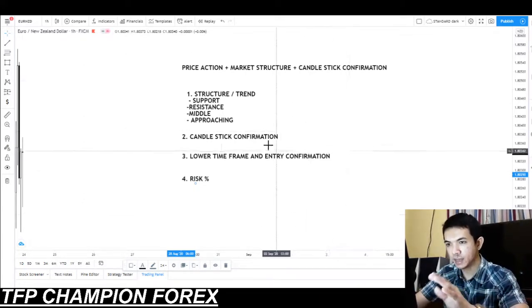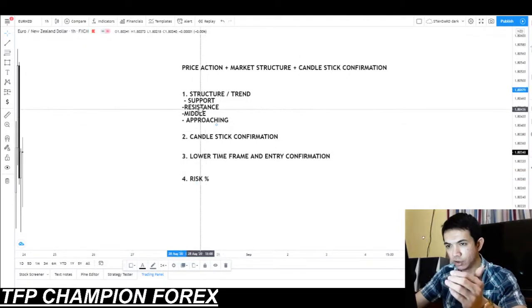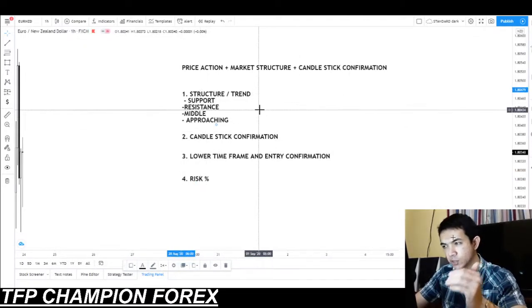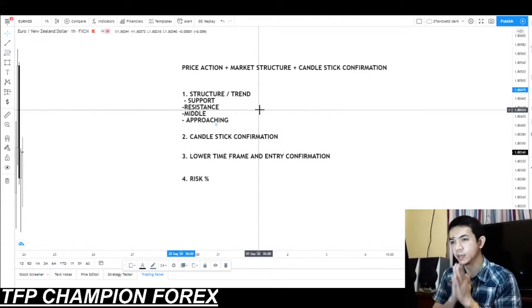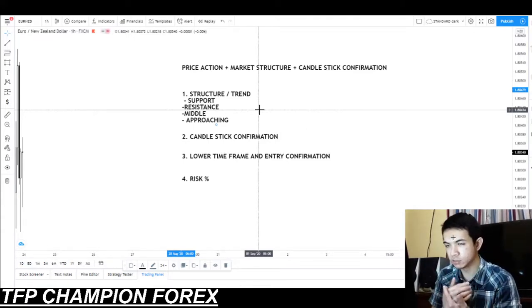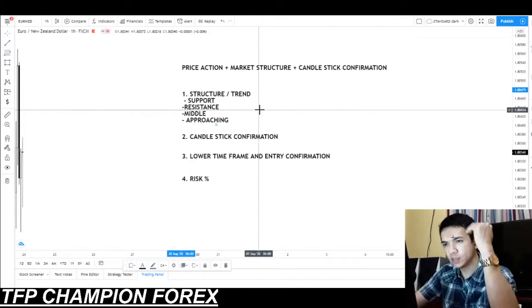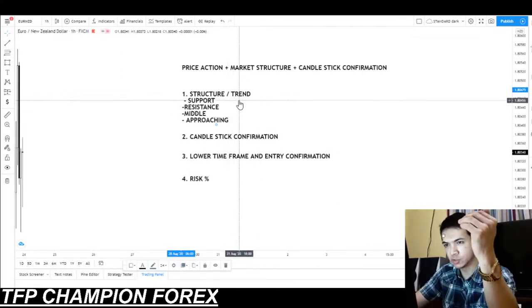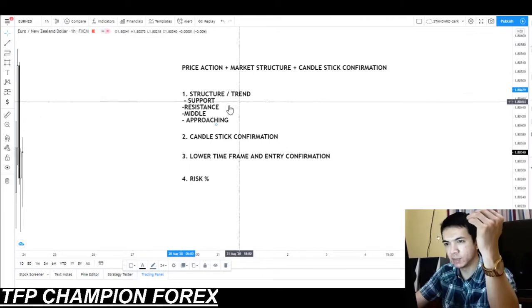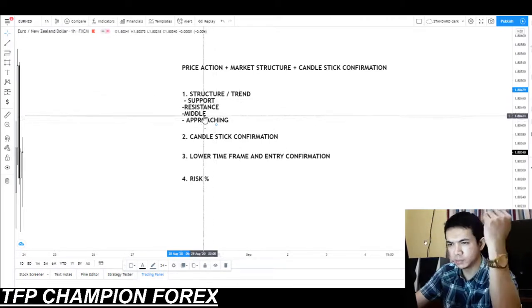So again, just to recall, these are the common questions or the common things I always ask myself whenever I place a certain trade. All right. So, what is the structure or trend of the market first, and then where am I at this level? Am I at the support, resistance? Am I at the middle or approaching?